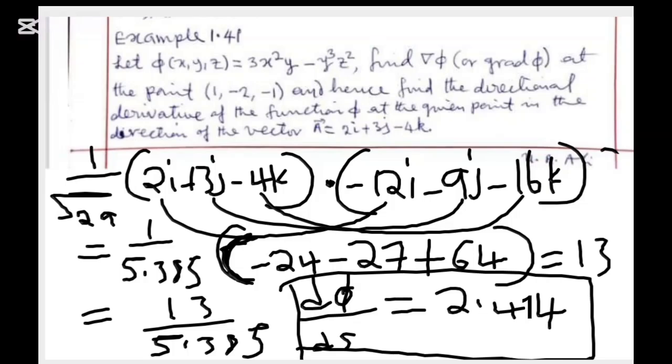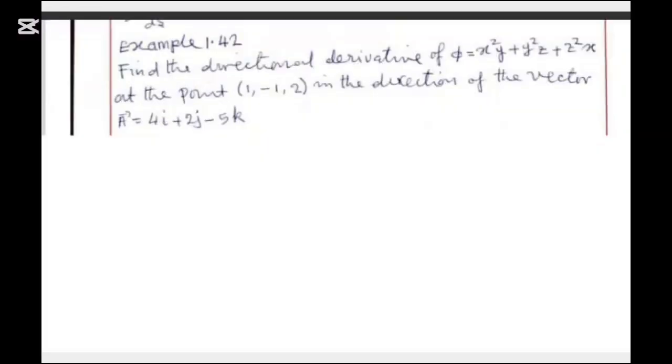So this is the end of this question. The next question says find the directional derivative of the psi. We are given this, and also we are given the point in the direction of the vector.